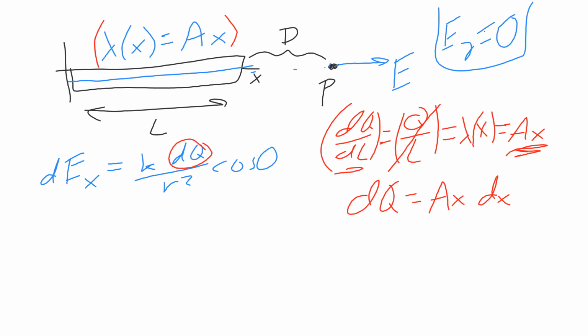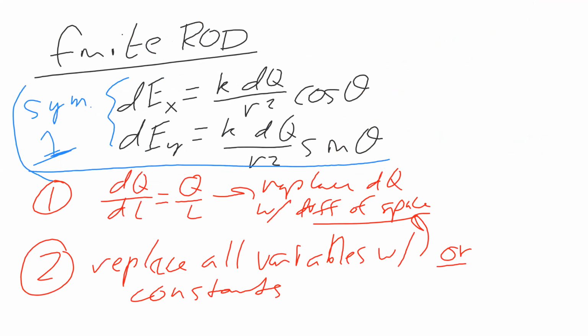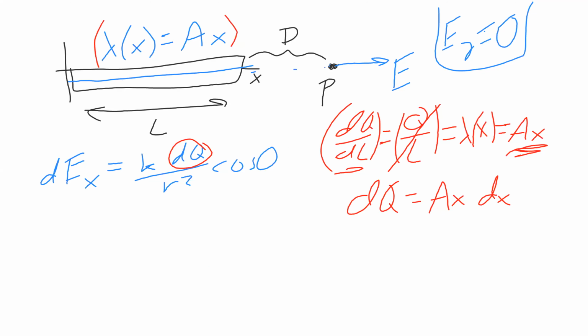Great. And then our last step is to replace all other variables with either our variable of space or a constant. The only other variable that we have here is r, and r is also something to do with x.